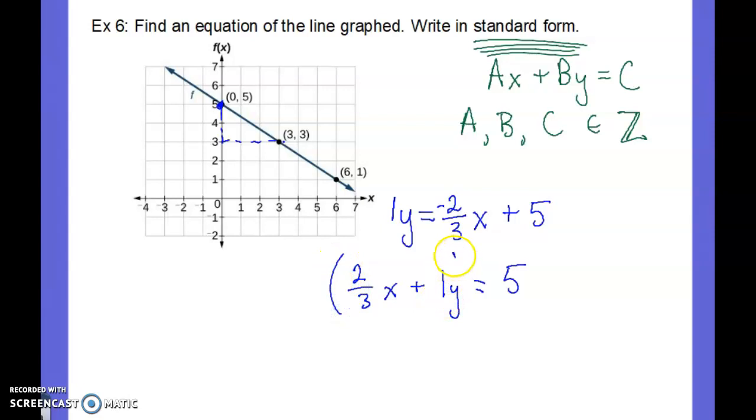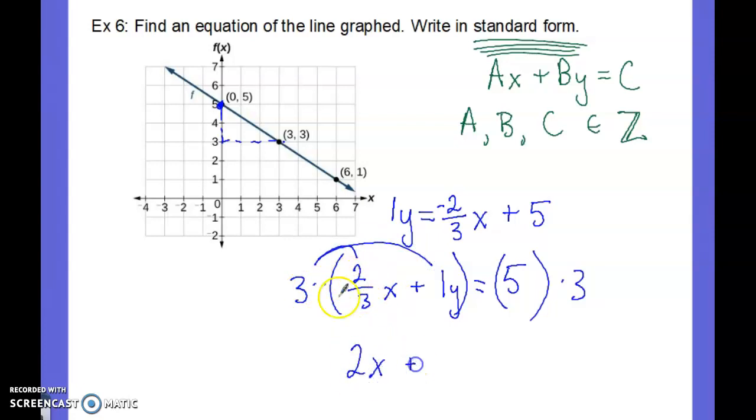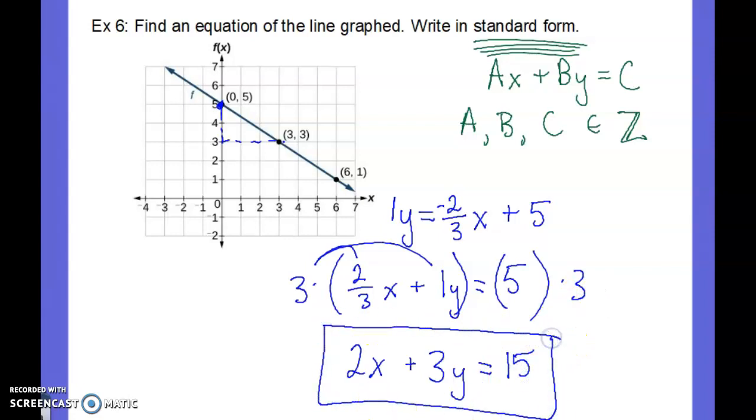But we have to make them integers, and we can do that by multiplying by the common denominator on both sides. It only works if you multiply by both sides. So as I distribute this in, well, 3 times 2 is 6, divided by 3 is 2x, 3 times 1 is 3y, and 5 times 3 is 15. This is how they wanted you to write this answer.